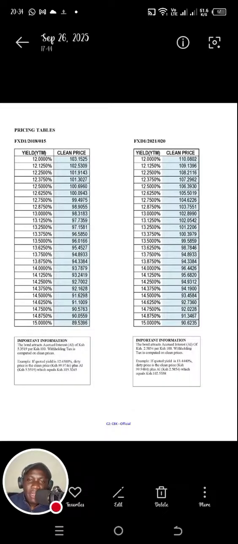I determine the yield, I pay a lower price. But here is the catch. The Central Bank of Kenya nowadays is very merciless. Once they determine the market average yield, let's say it is 13%, that means you will have to pay 98.3183. That is what the non-competitive bidder will have to pay.